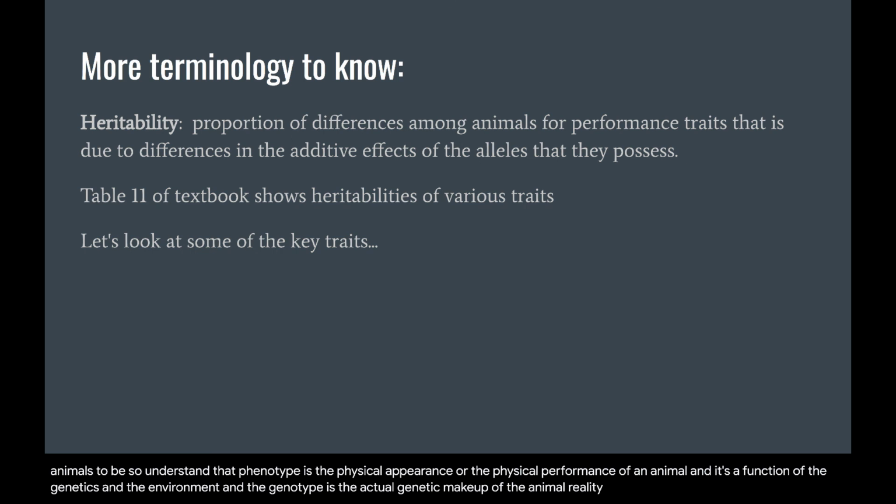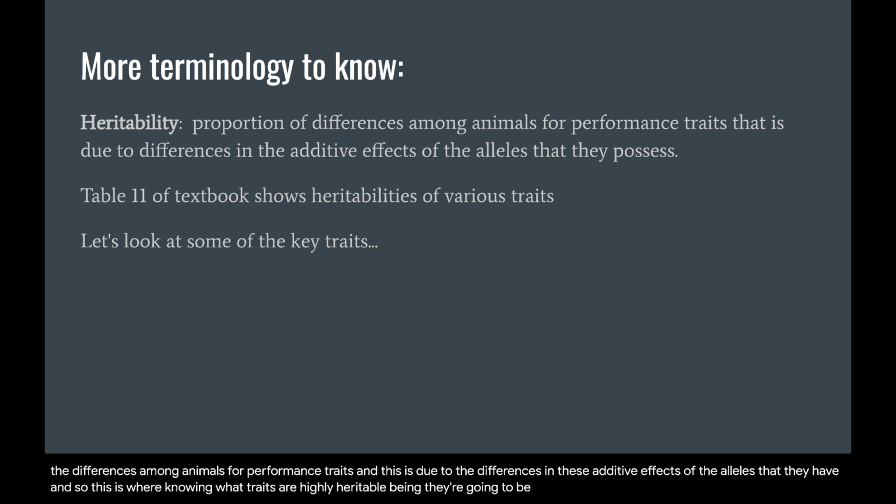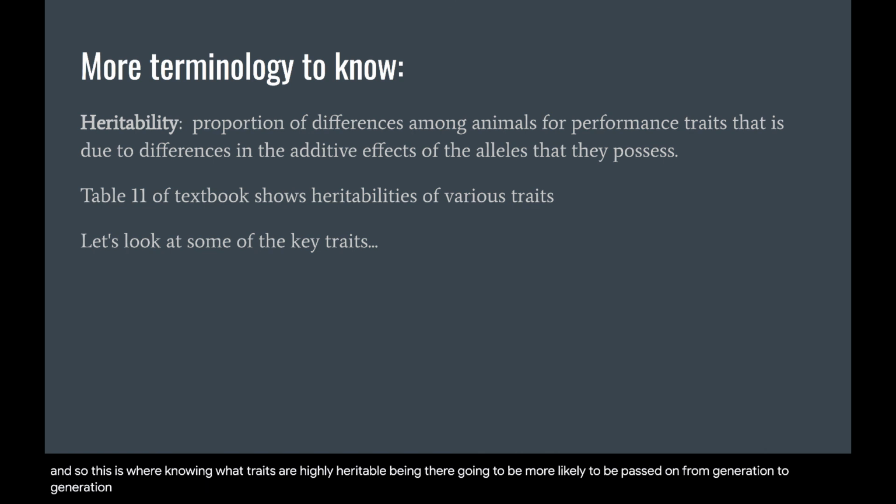Heritability. Understand that this is the proportion of the differences among animals for performance traits that is due to the differences in the additive effects of the alleles that they have. And so this is where knowing what traits are highly heritable matters, meaning they're more likely to be passed on from generation to generation.